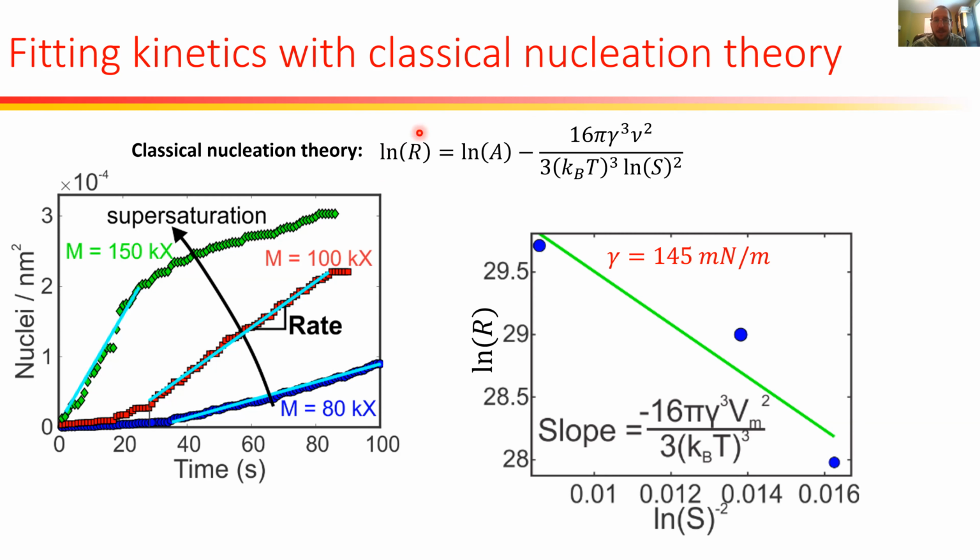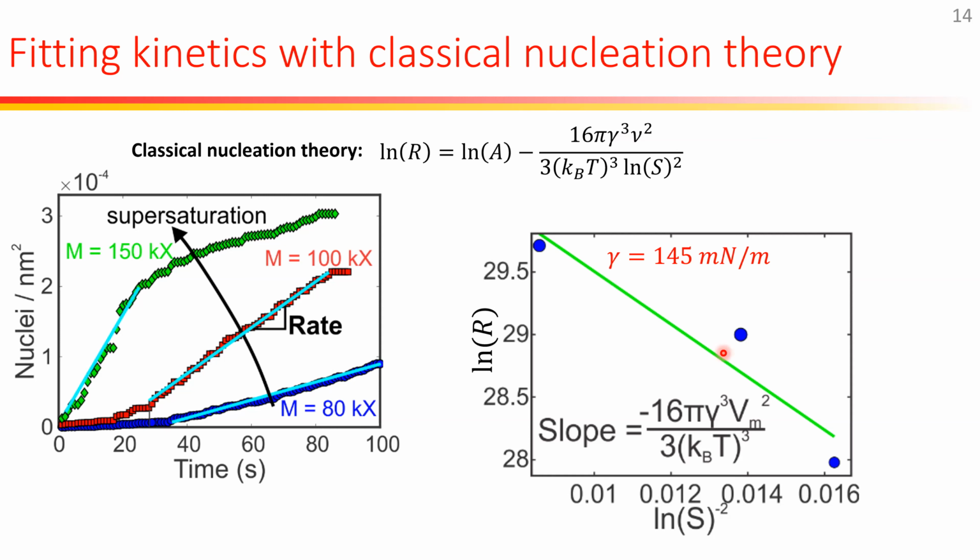And it should have a linear dependence on 1 over the natural log of the supersaturation ratio squared, where the y-intercept is natural log A, which is an exponential prefactor. Some important parameters that our fit reveals to us include the interfacial energy between our nuclei and the solid-liquid interface.